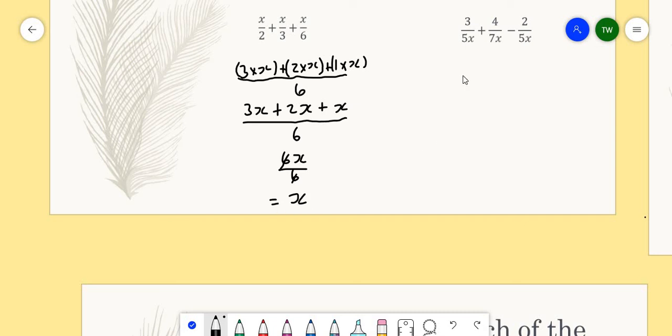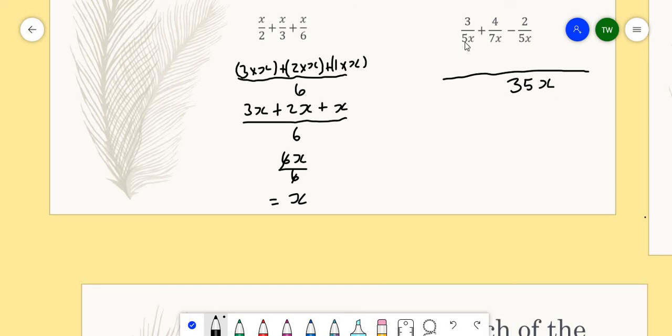Now to the next one. We have 3 over 5x plus 4 over 7x minus 2 over 5x. First, we need to determine a common denominator of all these denominators. Right? So one common denominator would be 35x. And we're going to do the same thing.